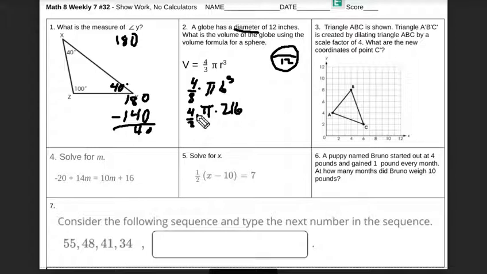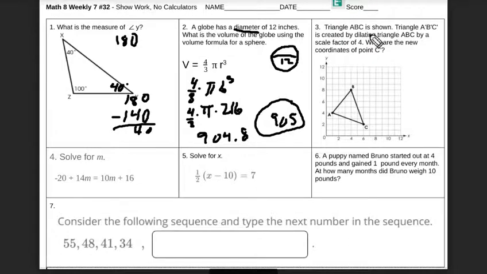When you multiply all of that together, 4/3 times pi times 216, you're going to end up getting 904.78. Okay, and that's an approximate because I rounded it. Or you could call it 905 if you really wanted to. That might be the better approximate.